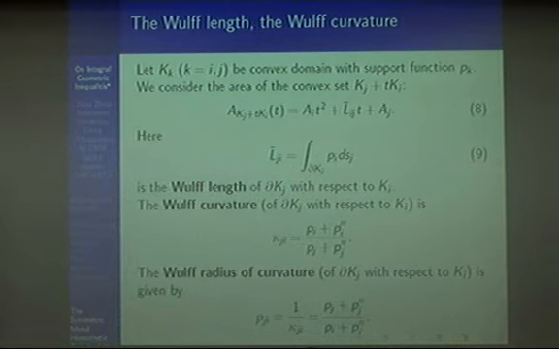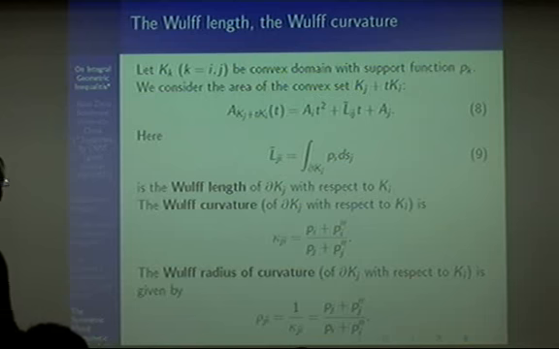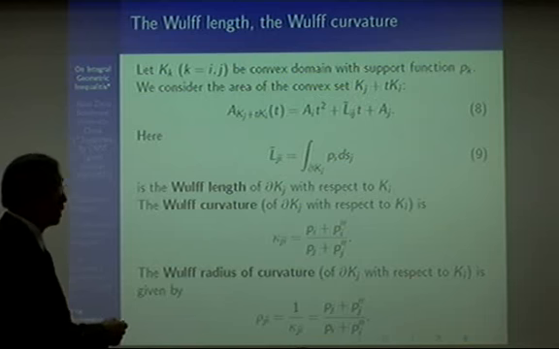Let K be a convex domain with support function P. We consider the area of a convex set. Here K is a convex set and T is a real value.